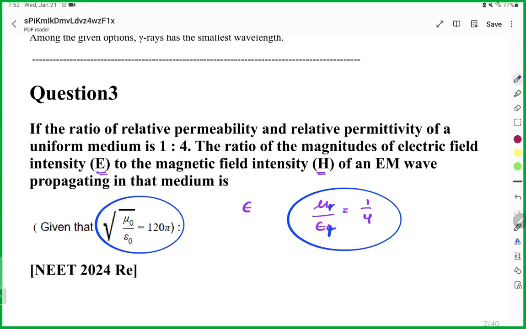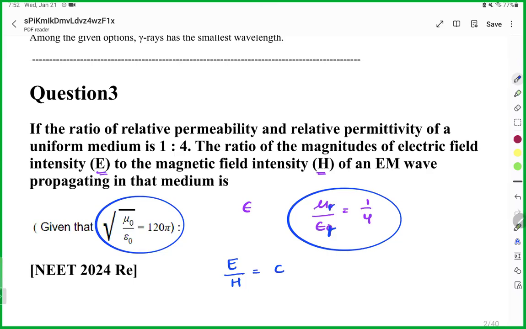So here you have relative permittivity, and you are comparing the ratio of the electric field divided by the magnetic field. And electric field divided by magnetic field is equal to the speed of light. Correct? This is equal to the speed of light.